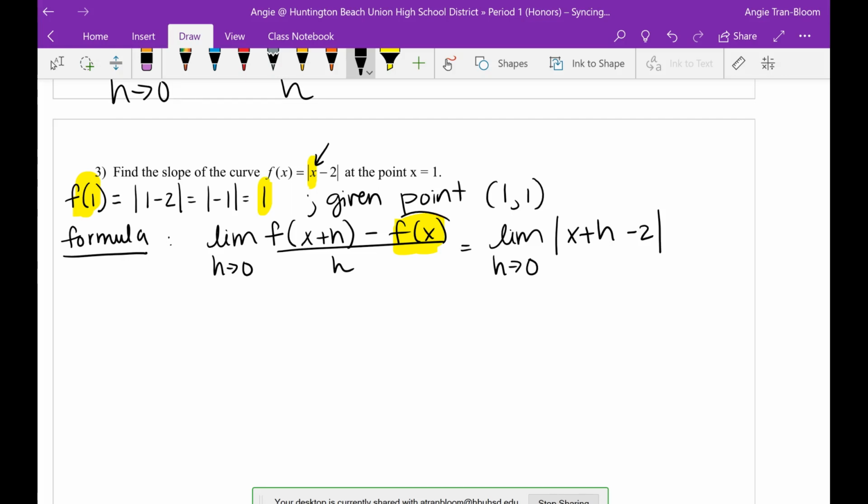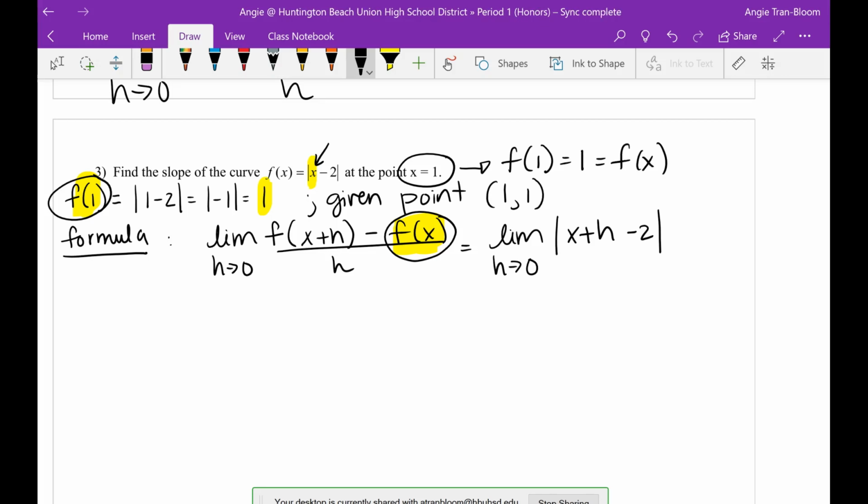F of x, which is f of 1, because x is 1, will always be the same. This is the part where some of you might get really confused: f of 1, which is the same thing as f of x, will never ever change. So that happens to be 1 in this problem.